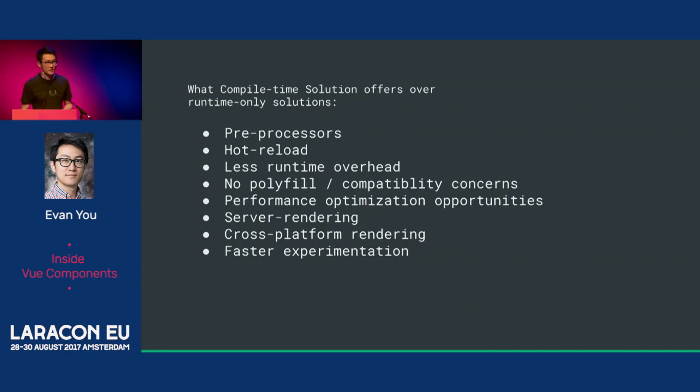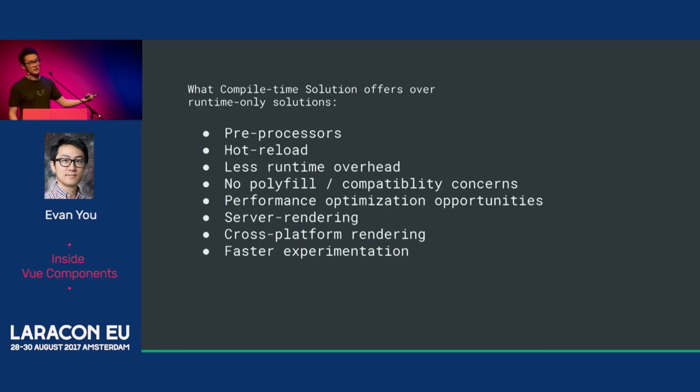Less runtime overhead. Because native web components are essentially purely runtime, most of the work has to be done dynamically as the component is defined, registered, evaluated and booted up on the page. With compile time optimization, we can try to do more work ahead of time instead of deferring it to the browser.